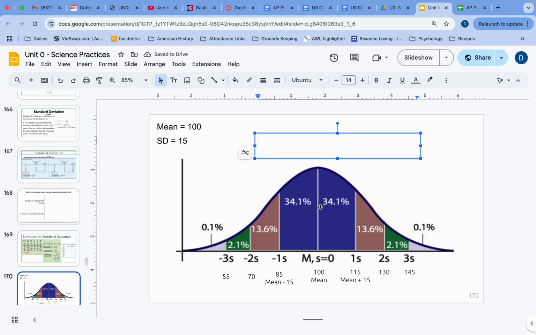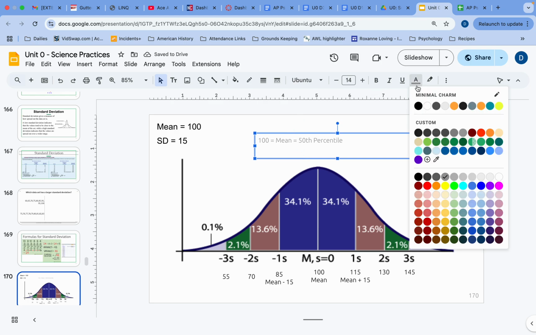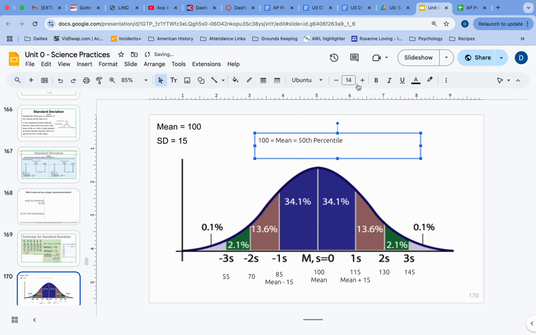If you were dead on a 100 score here, which is our mean, 50th percentile. Gray font is not your friend. Okay. All right. So again, if you score 100, you are on the dead on mean, also the median and the mode. And you've scored better than 50% of the population, 50th percentile.